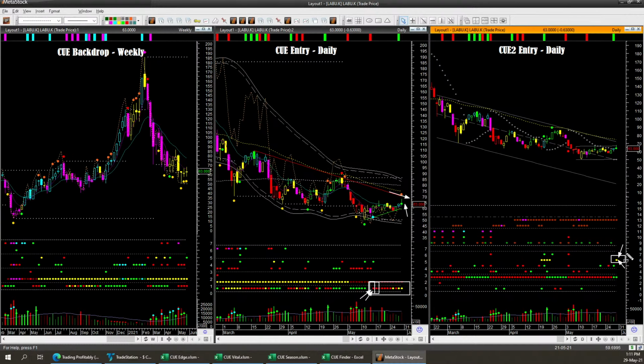In the alternative chart, we have a squeeze. There is no other signal on Friday. There was a pocket pivot on this day. Which day was that? On Thursday, there was a pocket pivot.